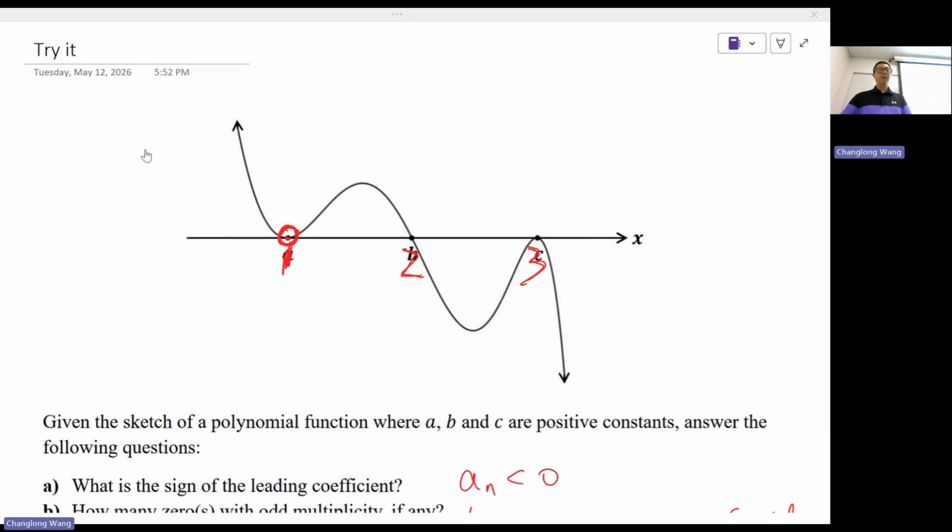Now, first off, x squared, right? It has a zero at the origin. Multiplicity is 2, therefore it bounces off. Let's do x to the 4th. Now, let me zoom in. Do you see what's happening at the intercept? All right, it gets flattened, right?